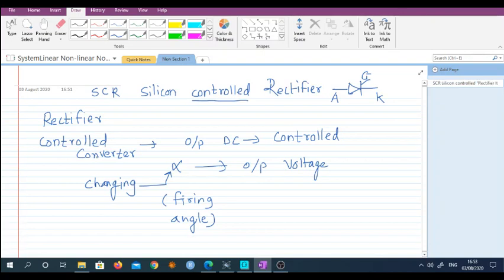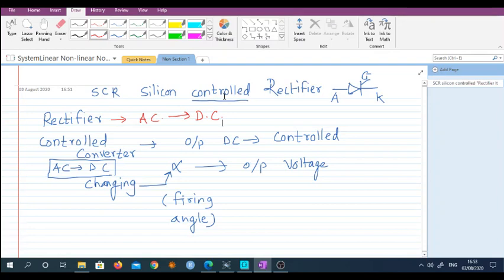That's why this is called a controlled converter. Otherwise, it is just like a normal AC to DC converter. And a rectifier, as we all know, is a simple AC to DC converter. This converts pulsated AC into pulsated DC.